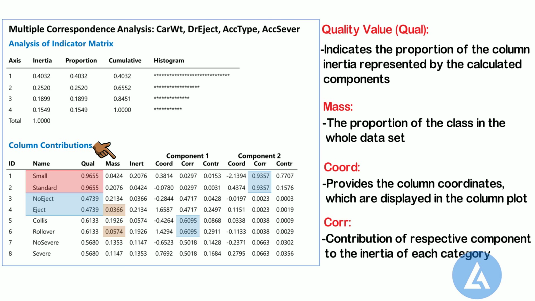The contribution of the row to the axis inertia shows that eject, contribution equal to 0.250, and rollover, contribution equal to 0.291, contribute the most to component 1. The car size small, 0.771, and standard, 0.158, contribute most to component 2.